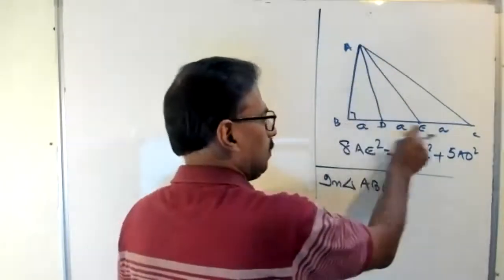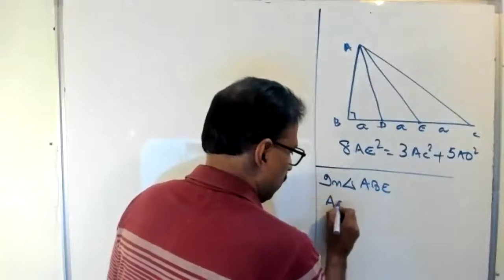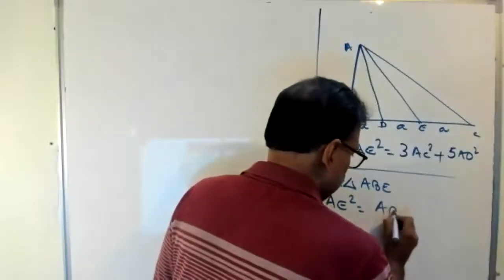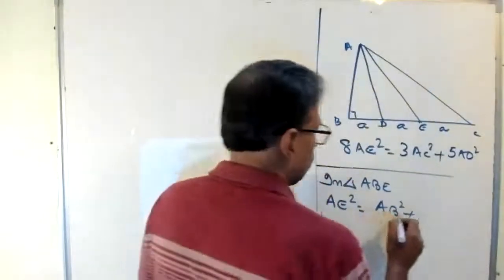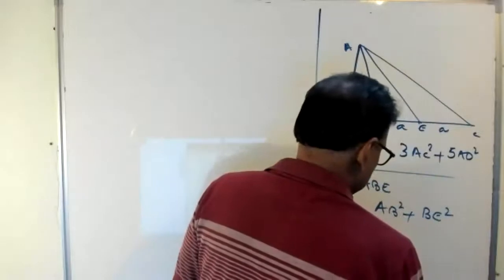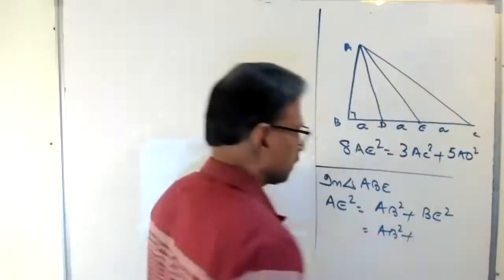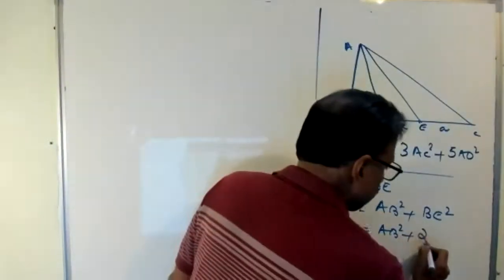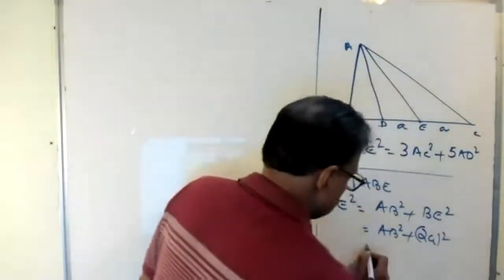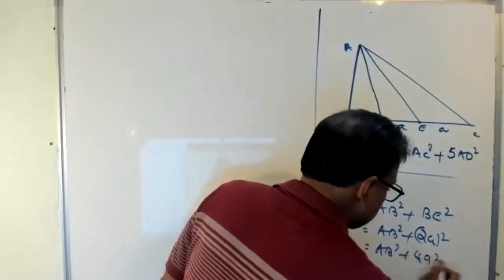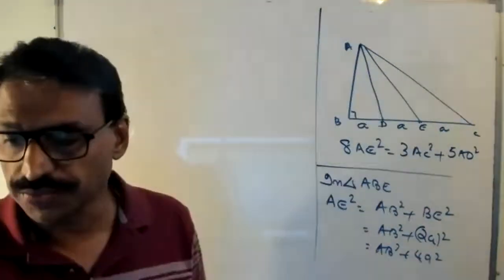In triangle ABE, AE square equal to AB square plus BE square. AB square plus BE, A plus A, 2A whole square. So that is AB square plus 4A square. How many A square we need?